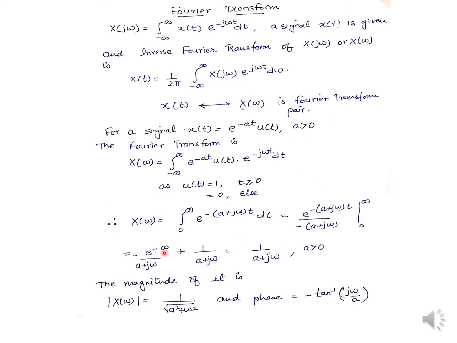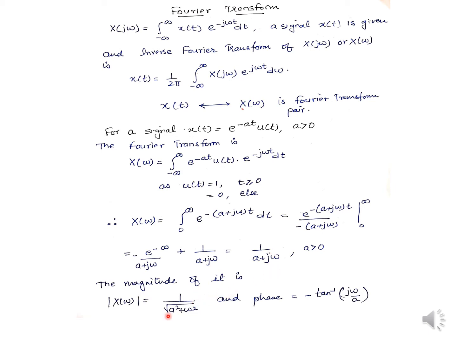When you will put infinite, the first limit, then it will be minus e raised to the power minus infinite. This term will be equals to 0 and this will be e raised to the power 0. E raised to the power 0 is 1. Then before you put the lower limit you write a minus sign also, so it becomes plus. So the answer is 1 upon a plus j omega for a greater than equals to 0.